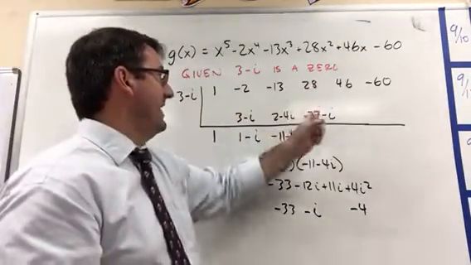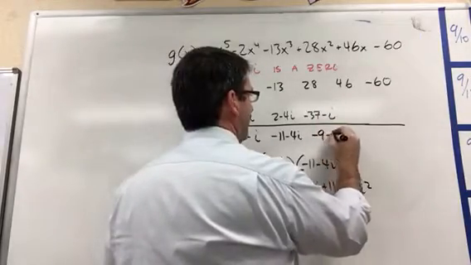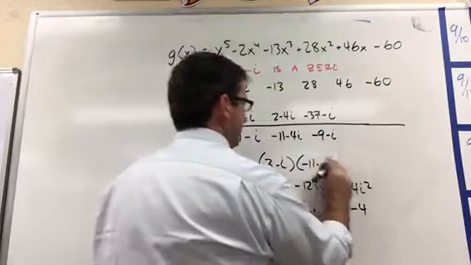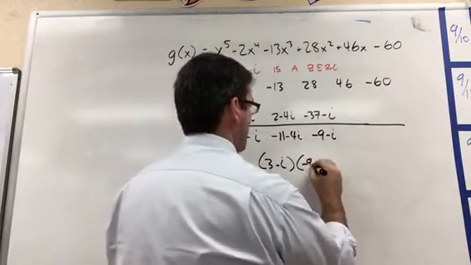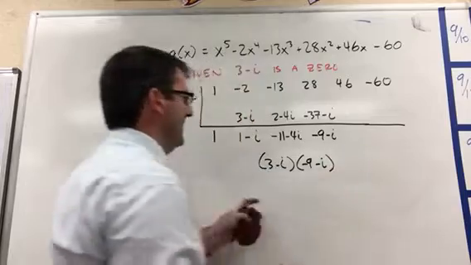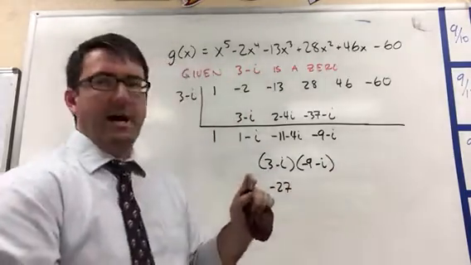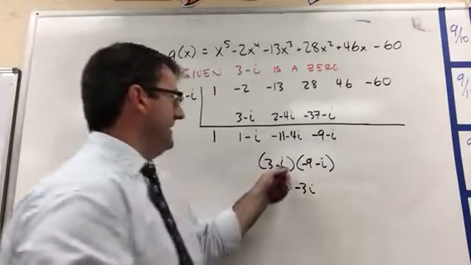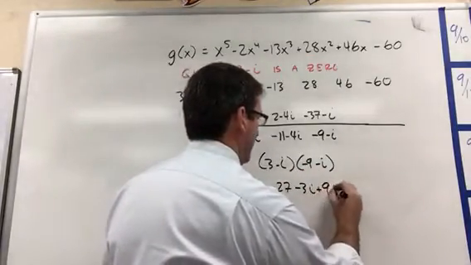All right, 28 plus negative 37 minus i is negative 9 minus i. So let's multiply that by 3 minus i. 3 times negative 9 is negative 27. 3 times negative i is negative 3i. Negative i times negative 9 is positive 9i.